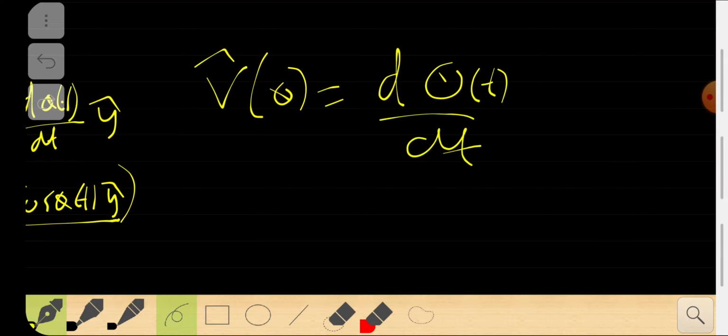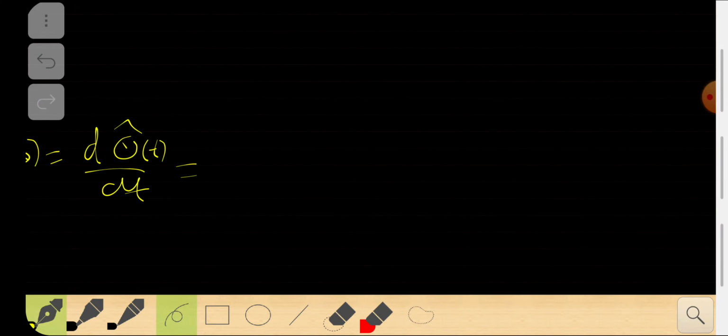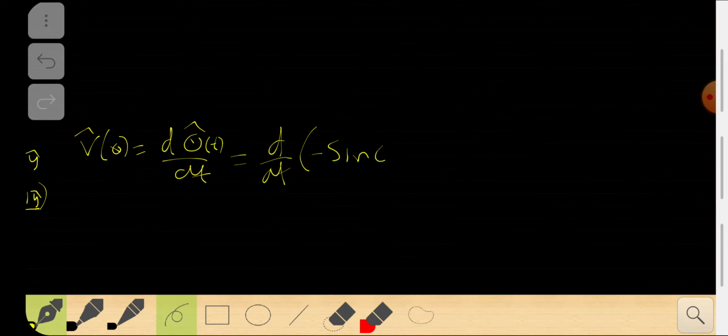So substitute the value from equation 1 for theta cap, which is minus sine theta of t x cap plus cos theta of t y cap, back into this equation, and I'll get d by dt of that expression.